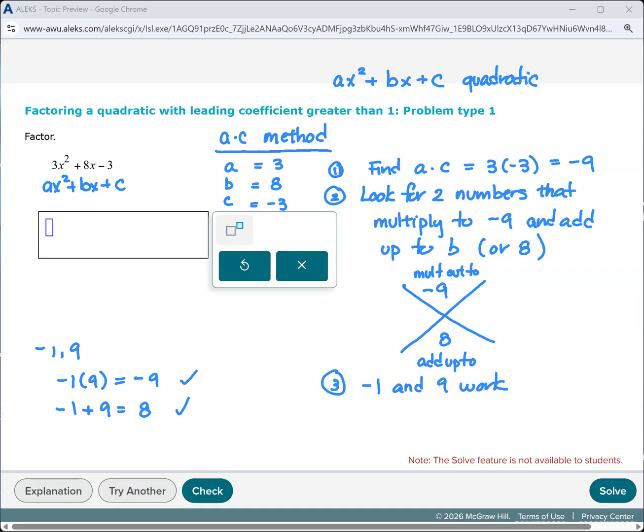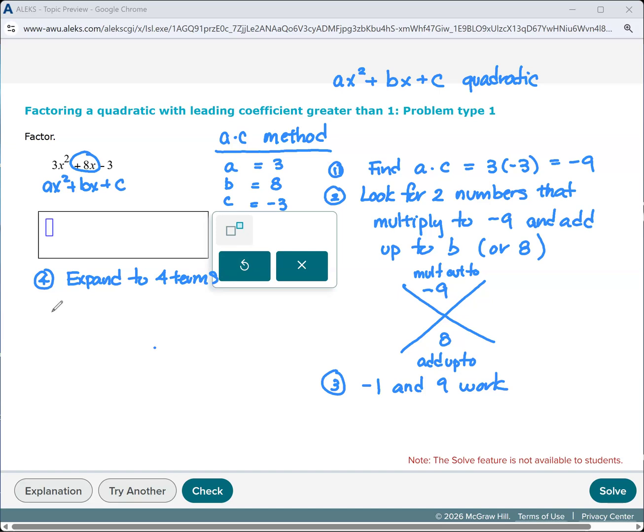The next thing I'm going to do is expand out our quadratic to 4 terms. What I'm doing here is making the 8x, that middle term, negative 1x plus 9x.